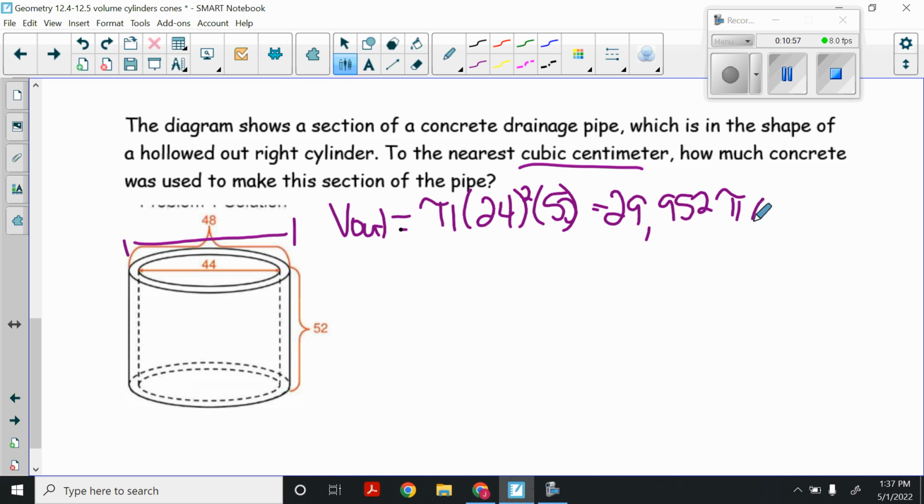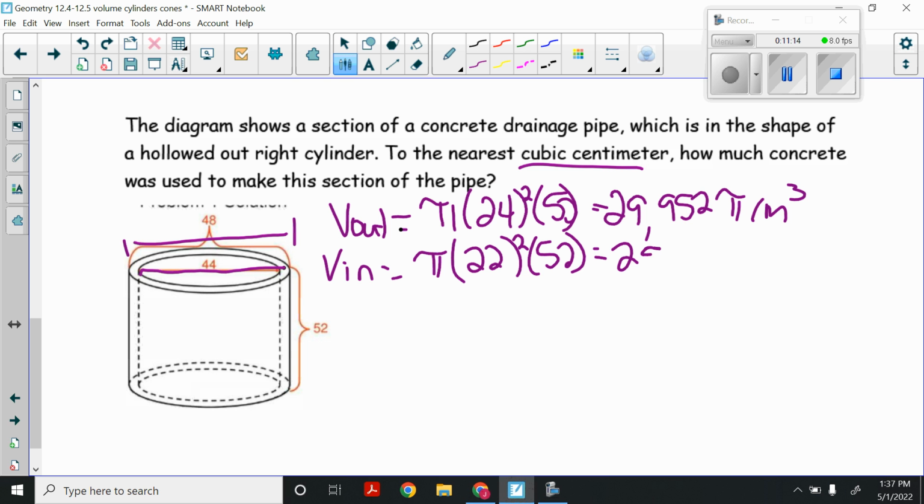That is 29,952 pi cubic centimeters. The volume of the inside, which has been hollowed out, is pi times, so this time the diameter is 44, so cut that in half. My radius is 22, my height is still 52. That gives me 25,168 pi cubic centimeters.